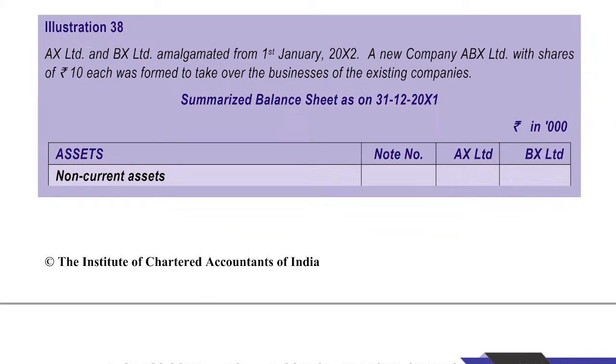Okay, so here if you see the question, illustration number 38, mark it as very, very important even from the examination point of view. This will help you understand how to do reverse acquisition and common control transactions.